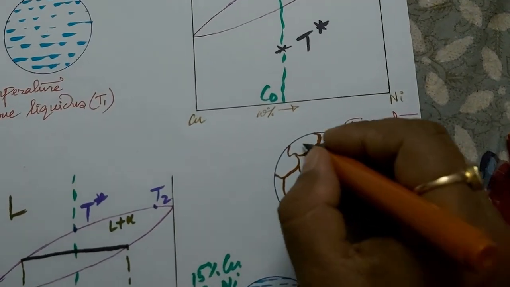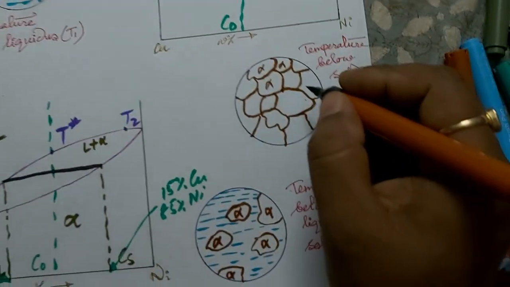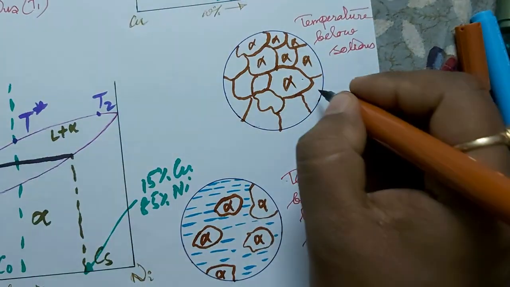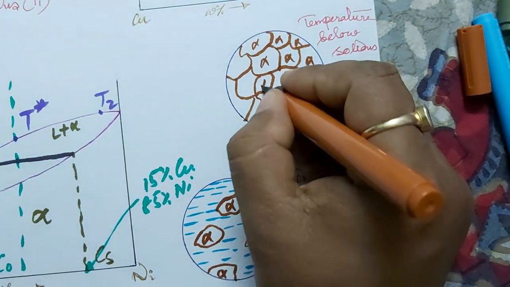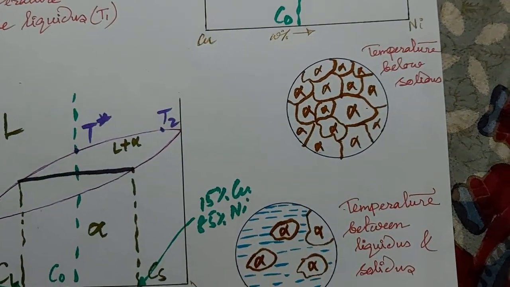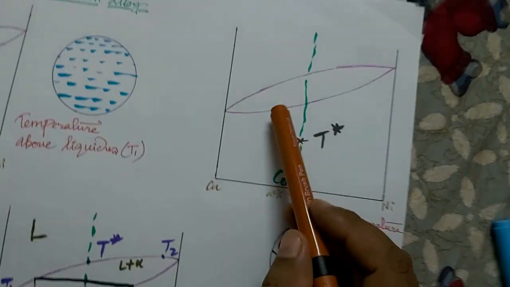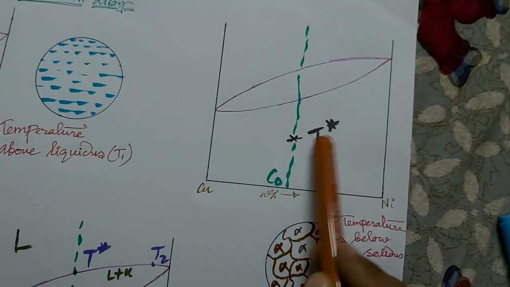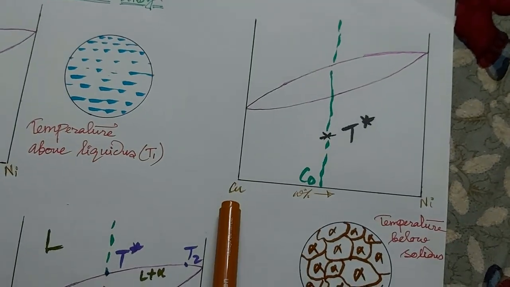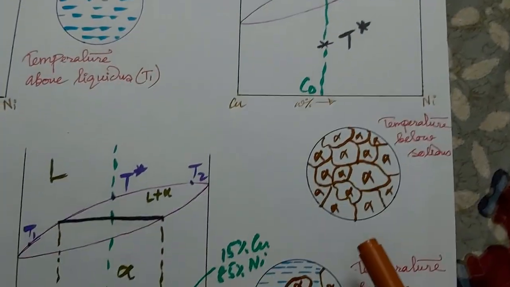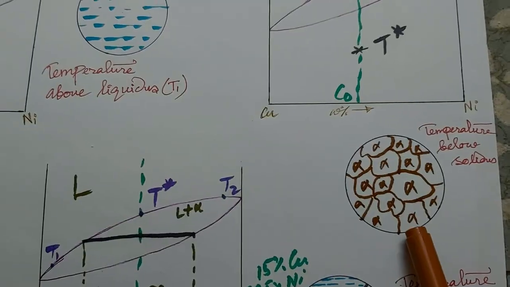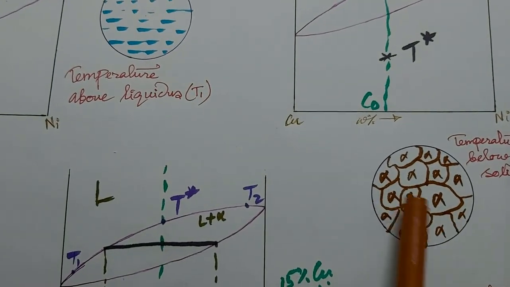like this. All these are alpha phase. So below this solidus line, if we take one temperature point where the composition is C naught, which consists of 50% copper and 50% nickel, the microstructure will be like this, where we have all alpha phases.